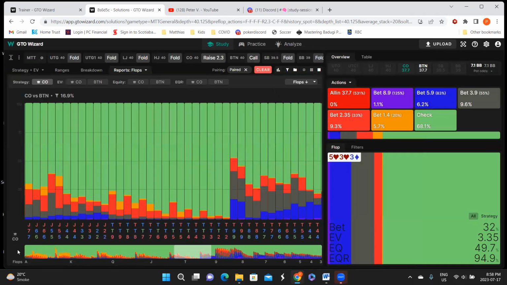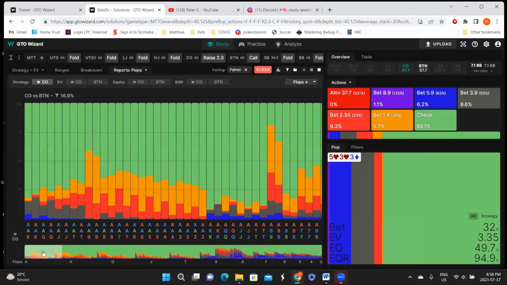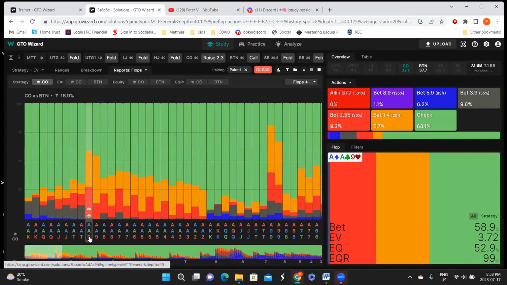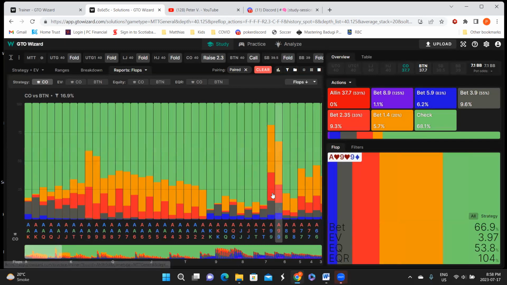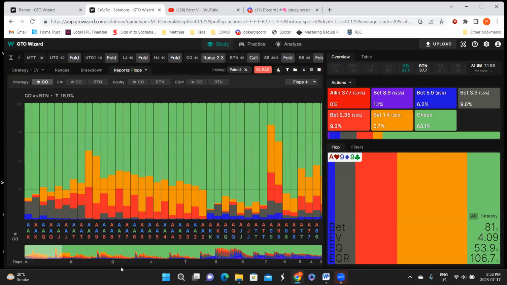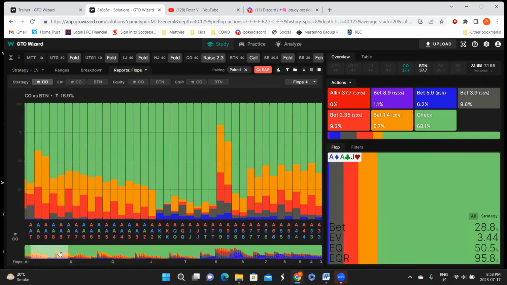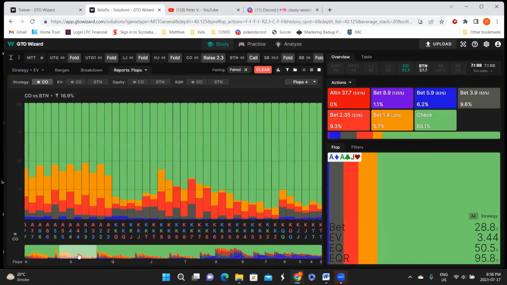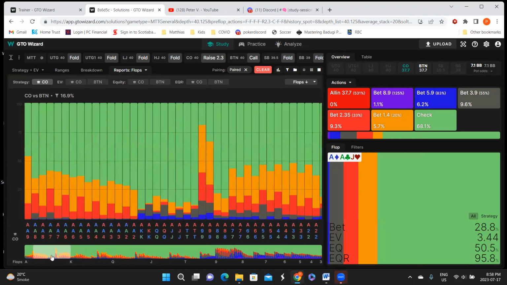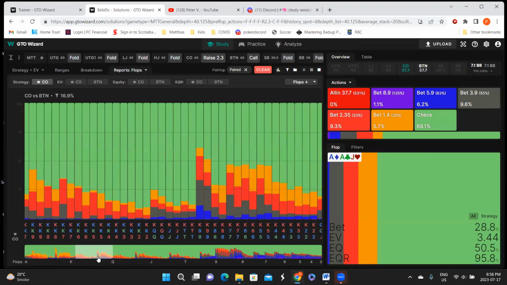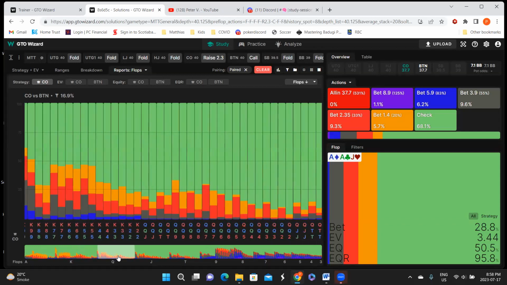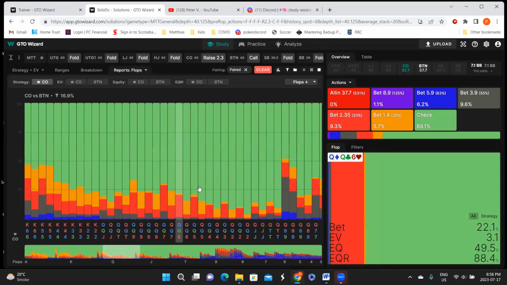Paired ace boards with a 9, they love it. Right, love those 9s. You can see a lot of small bet strategy throughout, and a lot of checking.